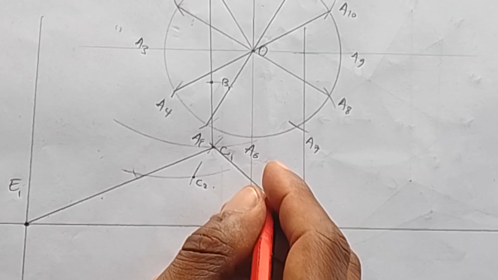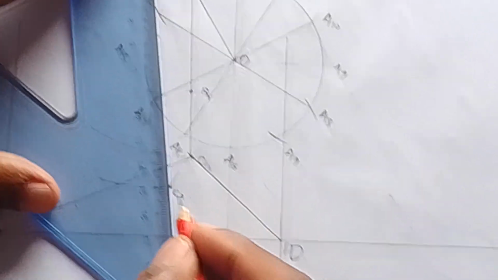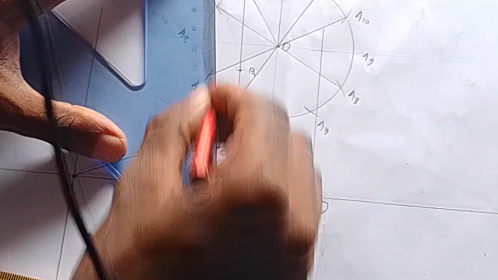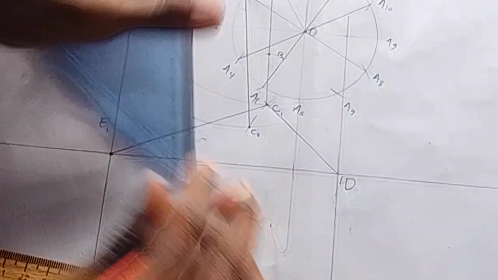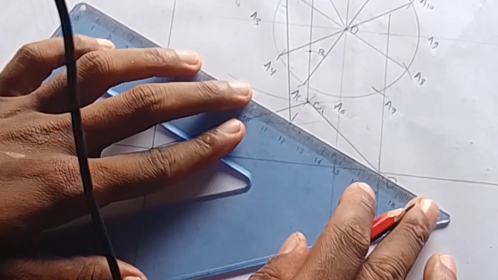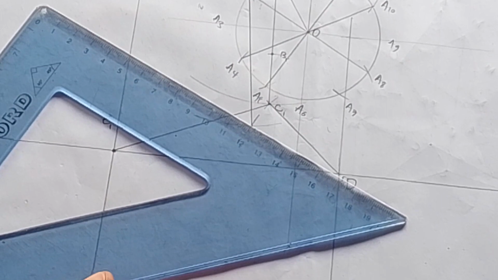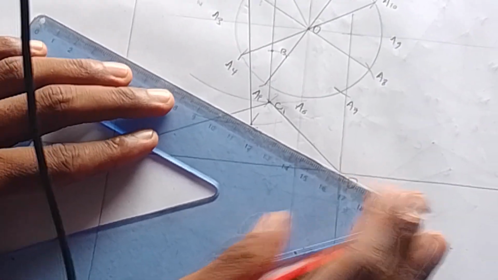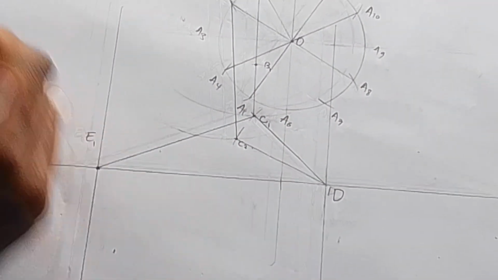So again, join A2 and C2 correctly like this. After you've joined it like that, now join it with D, and join D and C like that. But now we have been told to measure EC.